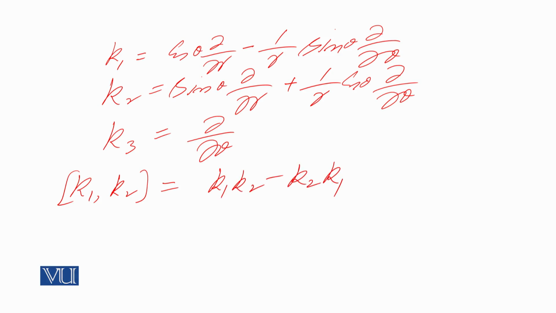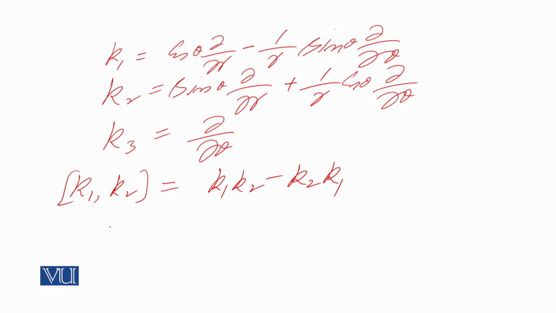For a closed system, this bracket must be either equal to 0 or it should contain one of the rest. For example, if we are taking K1, K2, it must have K3. Or if we are taking K1, K3, then it should have K2 and so on. So I can just check this one.